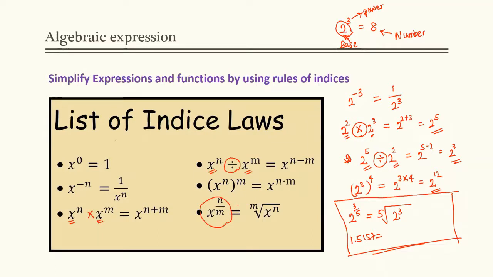How have you got that answer? I need you to get the answer of 2 to the power 3 over 5. That should be 1.5157. Right?